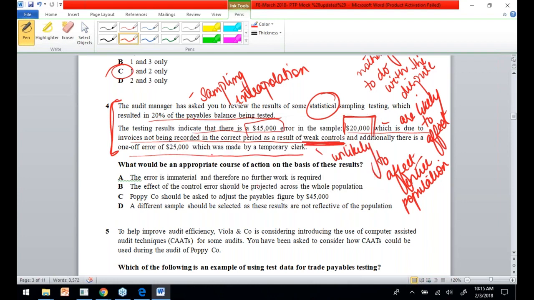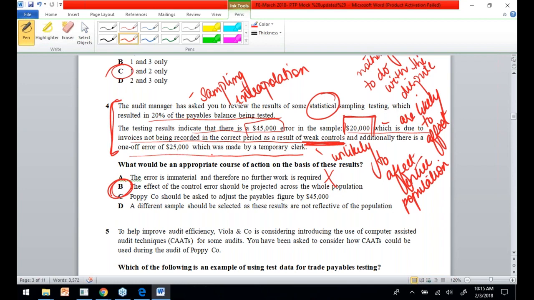The first option is that the error is immaterial and therefore no further work is required. This is incorrect. You can't decide whether this is material or immaterial until you have extrapolated. The effect of the control error should be projected across the entire population. This is the correct answer.